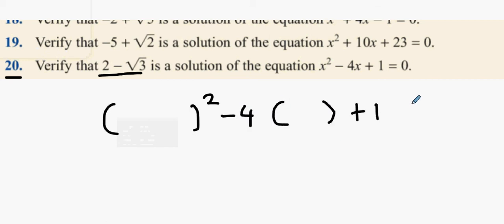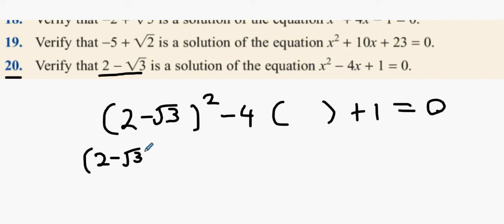So what do I put in the blank spot, do you think? What do you think I'm putting in there? 2 minus root 3. Please remember this means 2 minus root 3 multiplied by 2 minus root 3. Everybody cool with that? And that's 2 minus root 3 as well. If this works, what happens? The left hand side will be 0. So let's find out.